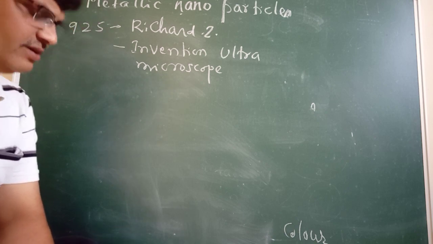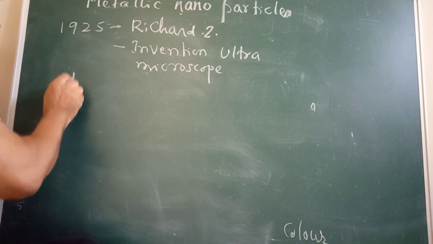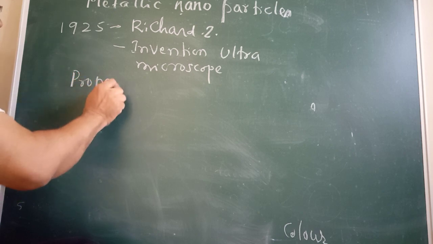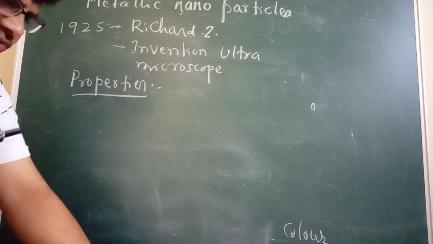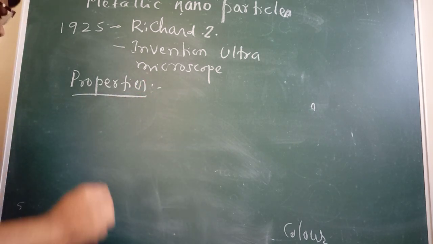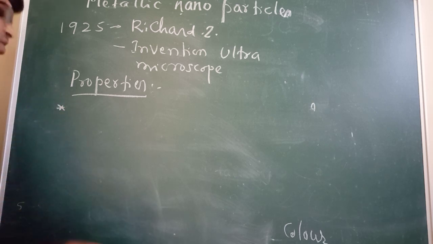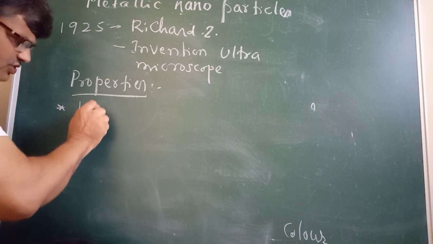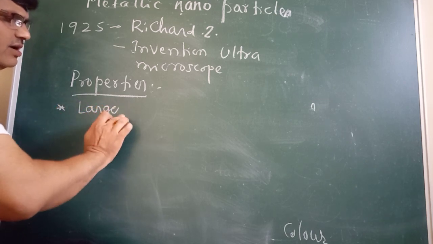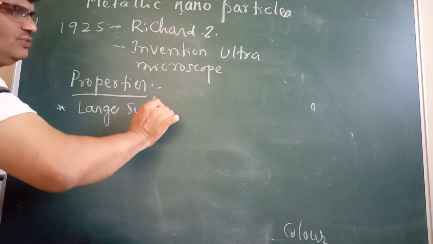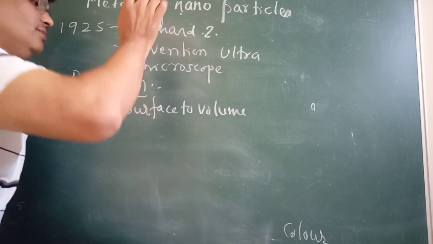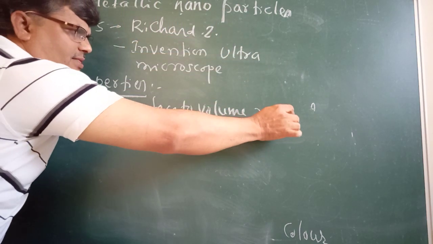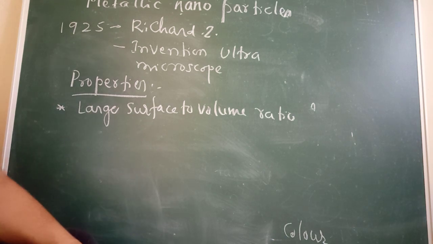What are the properties of gold nanoparticles? As usual, this is a normal property of any nanomaterial: large surface to volume ratio. Metallic nanoparticles also have a large surface to volume ratio.